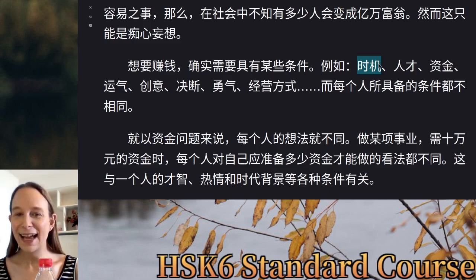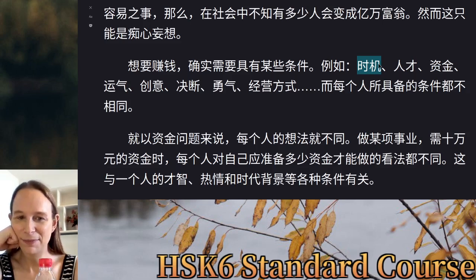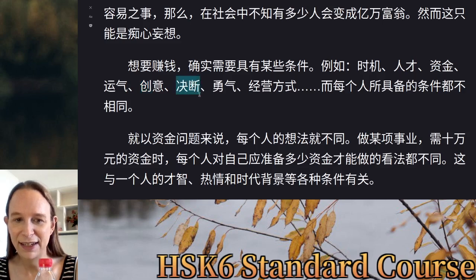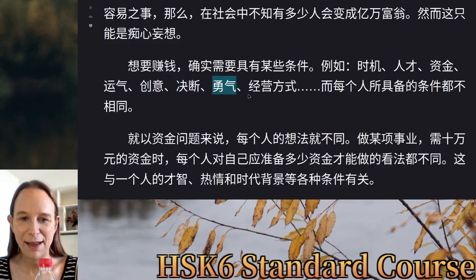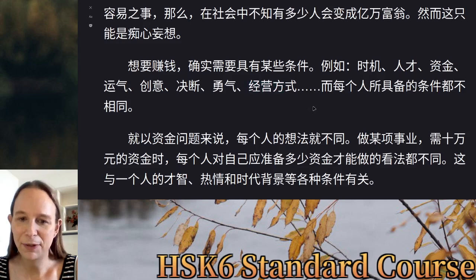Actually, Google Glass, I prefer that to those big things you put on your face because they look like glasses. It was just too early, ahead of its time. Insight, like talent, you need the funds, of course, you need luck. Luck plays an important role. Innovation, this is like 决断, decisiveness maybe. Bravery and a marketing model or a business model maybe.